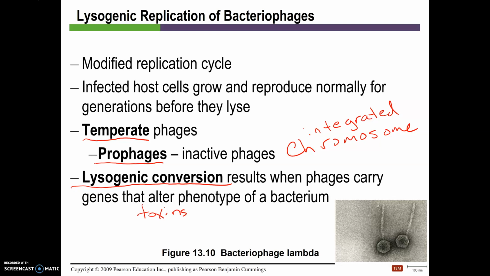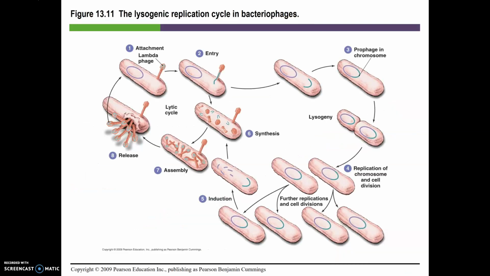And it's only because that bacteria is infected with a virus that brought an extra gene along, and in this case toxins. Okay, so keep that idea in mind, lysogenic conversion. In the latter part of the semester, we're going to be talking about some of those diseases I just mentioned and the fact that they're related to lysogenic conversion.